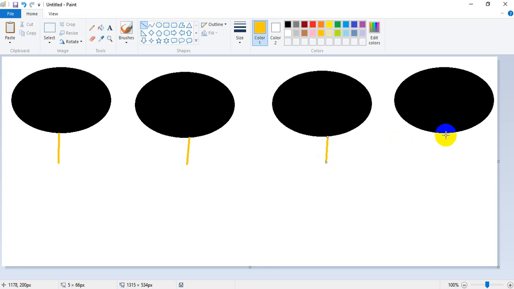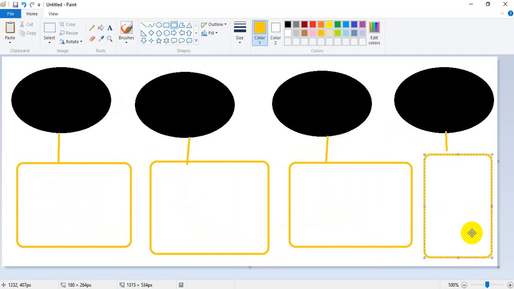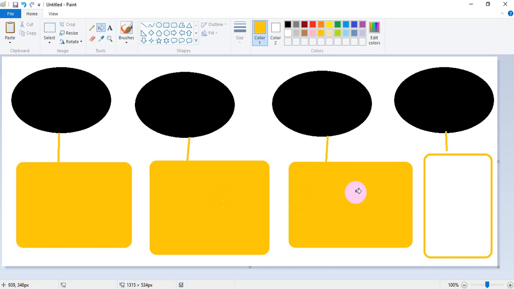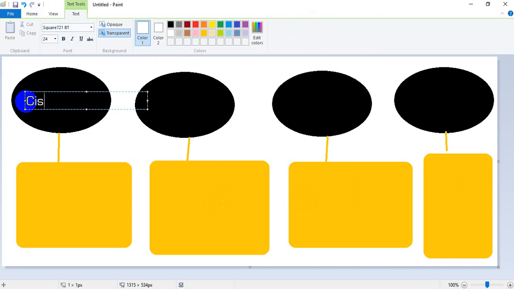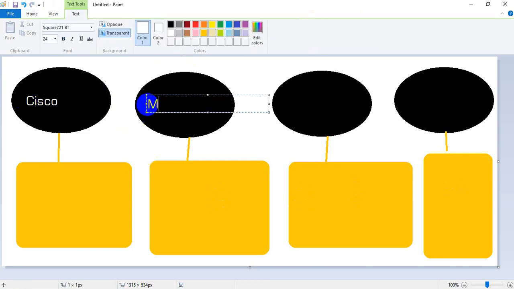In the square, we will represent the operating system. Now look at this. For example, the first one is Cisco. Another vendor for networking products is MikroTik.